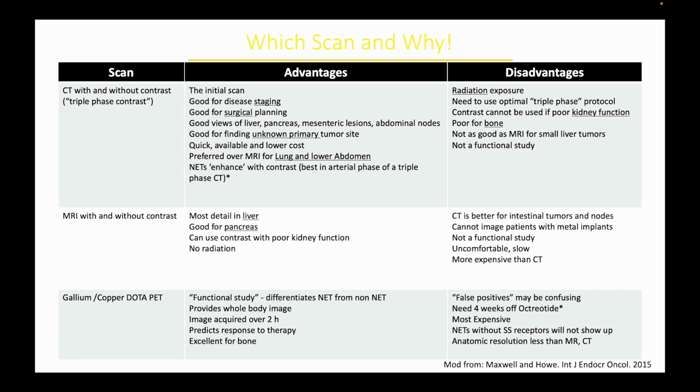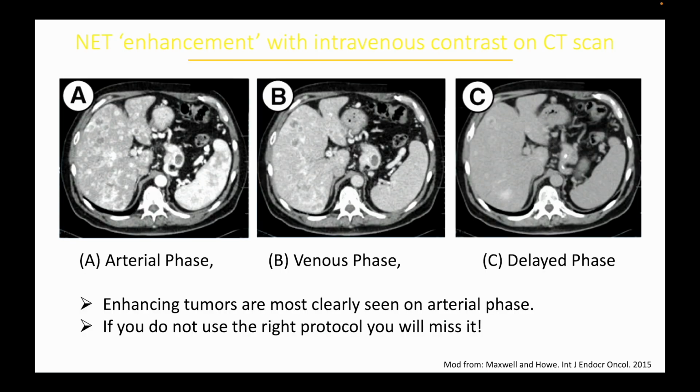However, the other thing about CT scans is, and you'll see this if you ever read any of your CT scan reports, neuroendocrine tumors enhance when the contrast goes through the neuroendocrine tumor. What does that mean? This comes from a paper by Dr. Howe and a previous trainee of his who's now at MD Anderson.